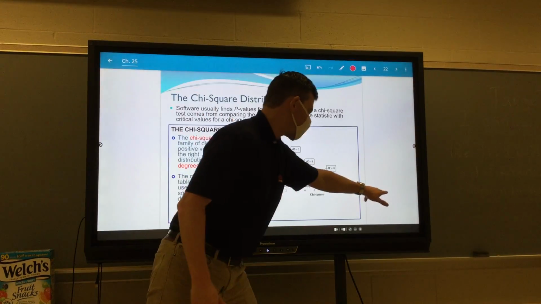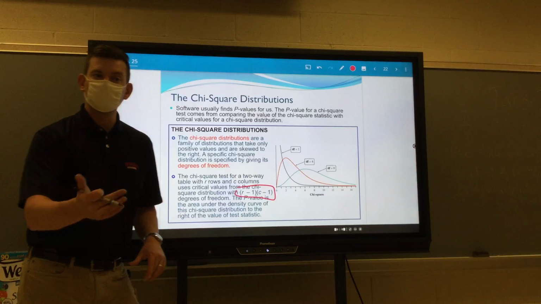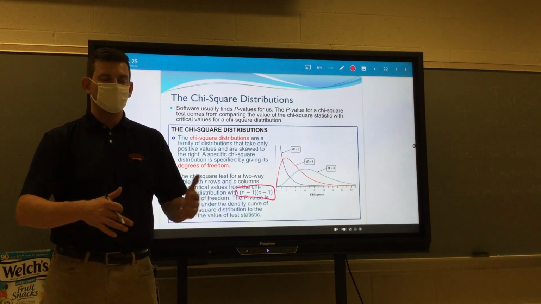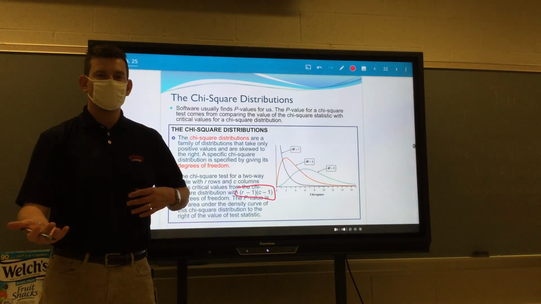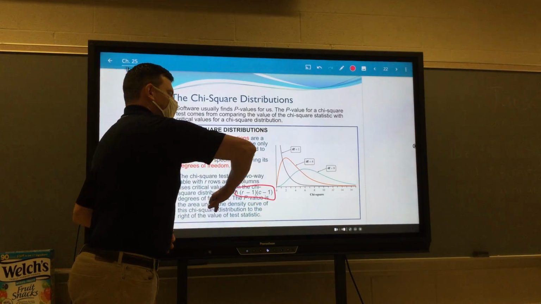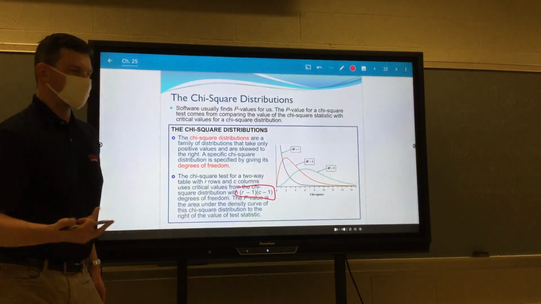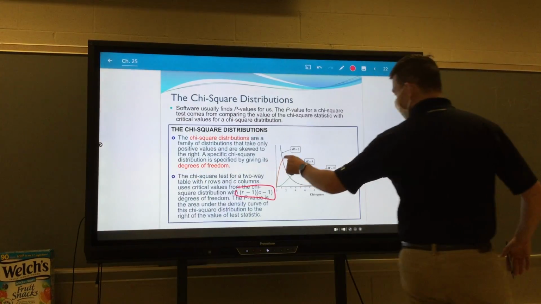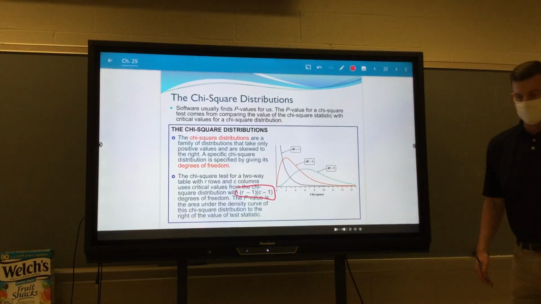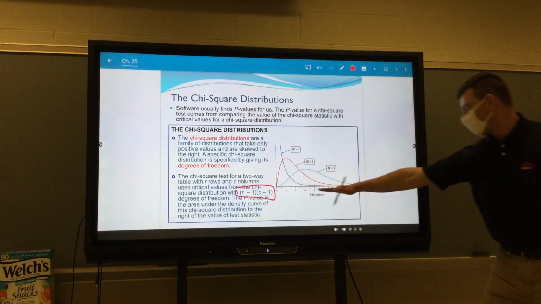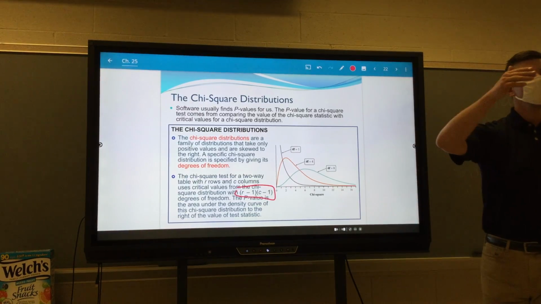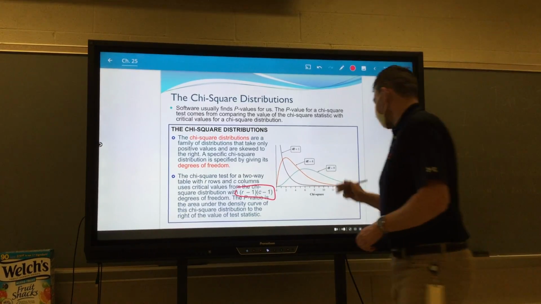Now, across the x-axis, if you were to look at a chi-square distribution, I do have this linked on my Canvas homepage, but I never want you to use it, in case you're interested. We had a chi-square statistic of about 66, I think. So we're following this orangish-red curve, and all the way out here on the right, wherever we get to 66, that's where we draw our line.